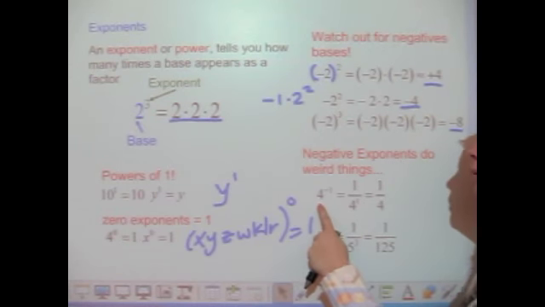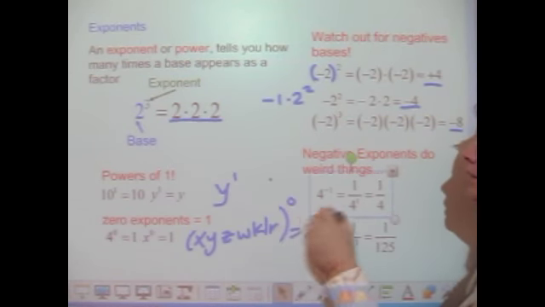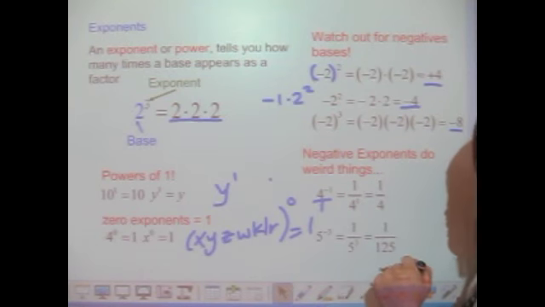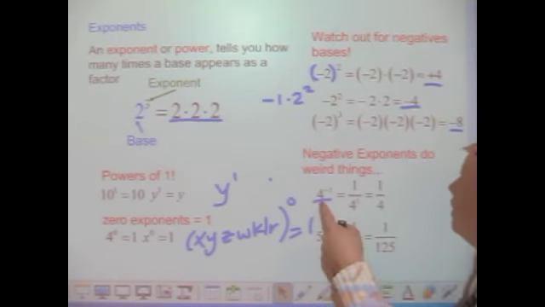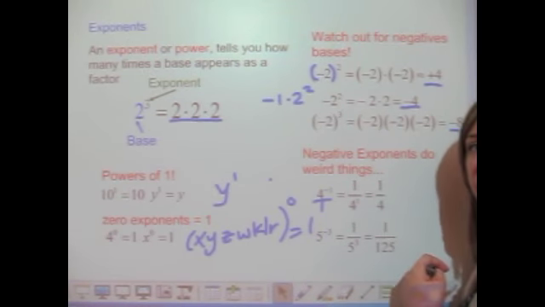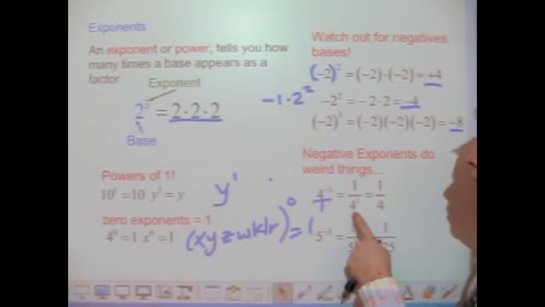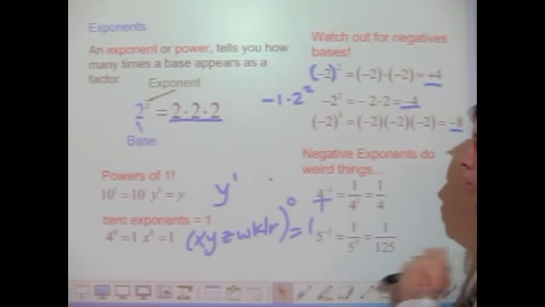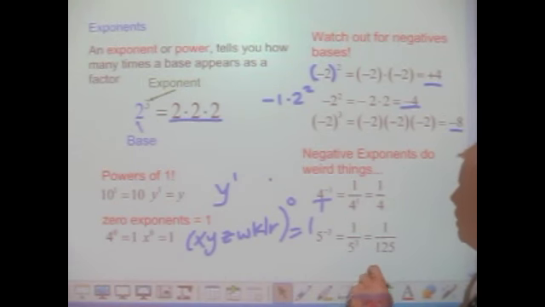So if you had 4 to the negative 1 over 1, that 4 is going to move to the denominator and the exponent becomes positive. So that becomes 1 over 4 to the 1 power, or just 1/4. Or another example, 5 to the negative 3 would be 1 over 5 to the 3rd, or 1 over 125.